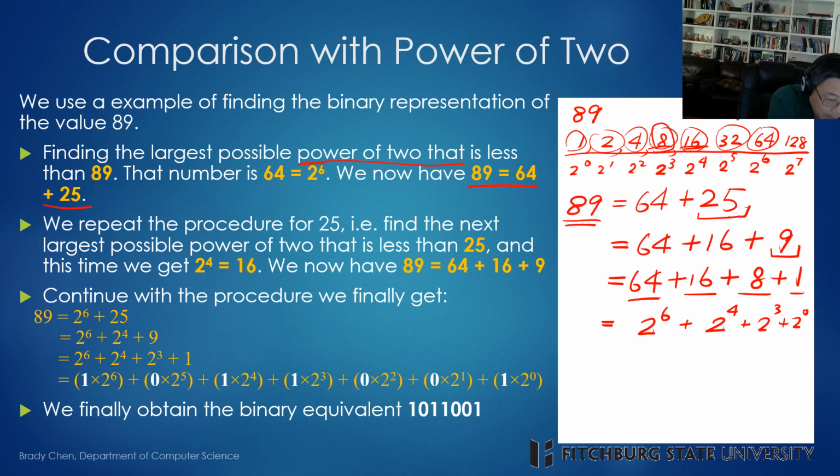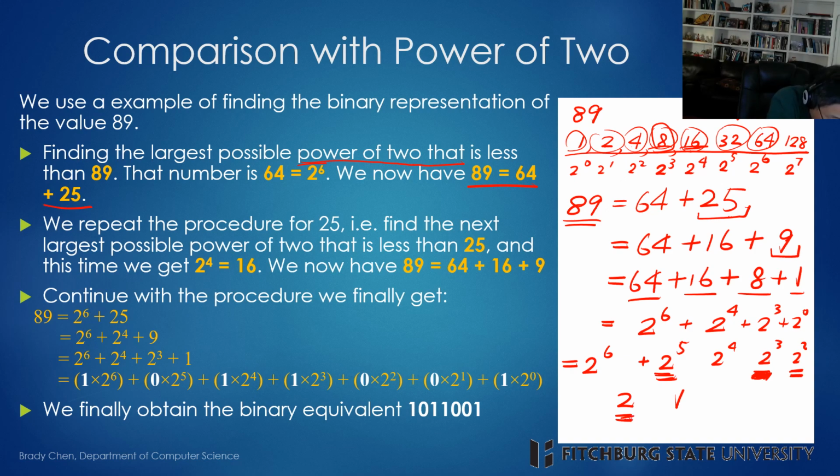If we want to make a complete list, we're supposed to have 2 to the 6, 2 to the 5, 2 to the 4, 2 to the 3, 2 squared, 2, and then 1. So this term is missing, this is also missing, this is missing. Oh, sorry. 2 to the 3 is not missing, it's there. So these 3 terms are missing, right?